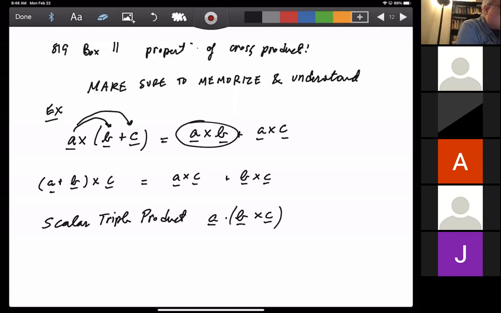So this only makes sense if you do the cross product of B and C first, and then take the dot product of that result with the first vector A. It turns out, however, that if you swap the cross product and the dot product, the answers happen to be the same, strangely enough.